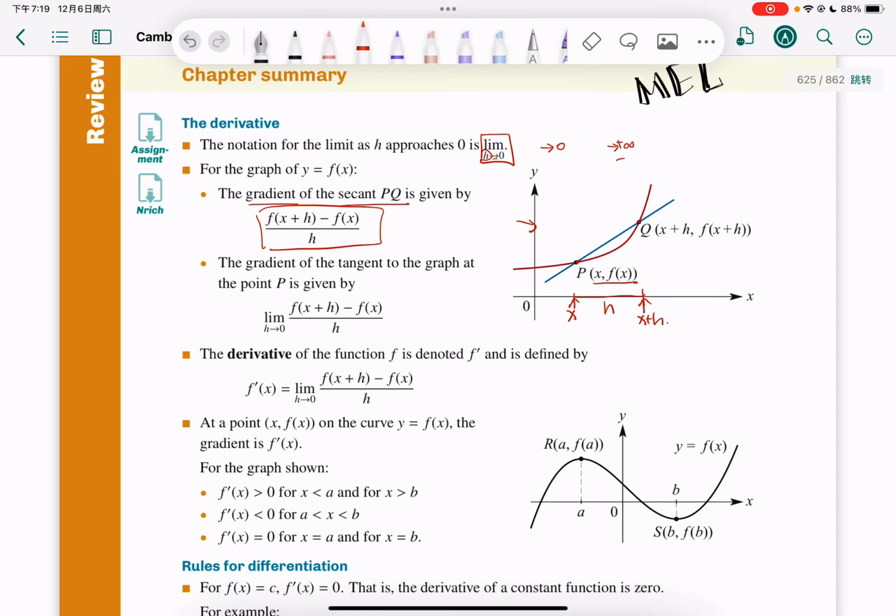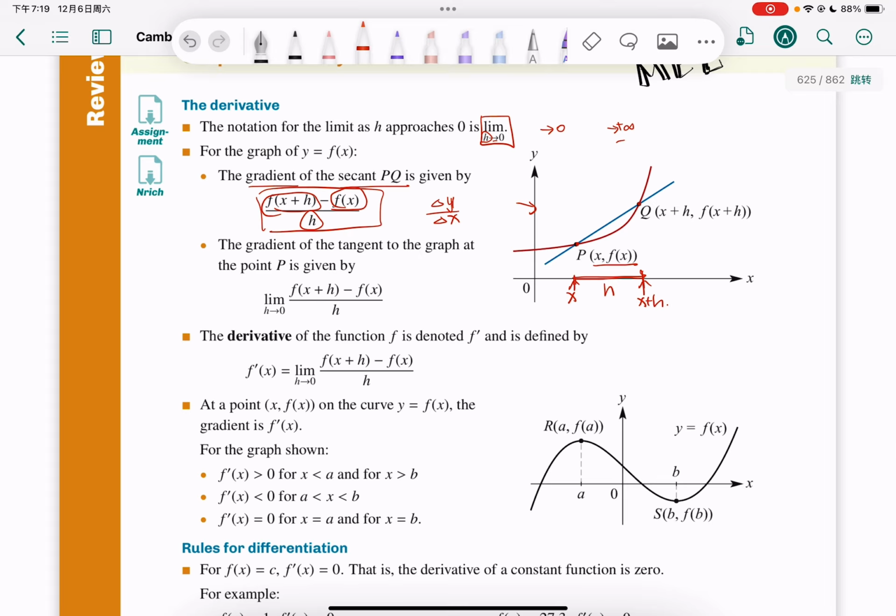Okay, so the gradient is delta y divided by delta x. So f(x plus h) minus f(x) divided by the change in x, which is h. And this gives the gradient of secant PQ.